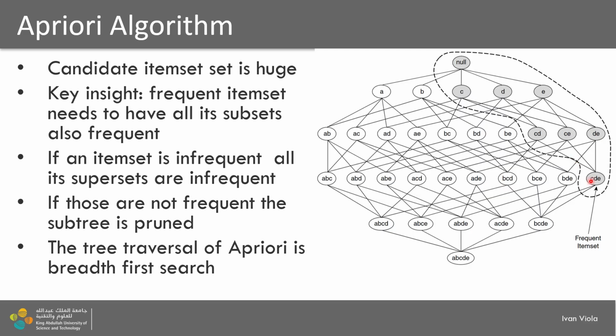It's just combinations of these three letters into tuples of 2. And then we have also the single occurrences. One item sets need to be also frequent if the CDE item set should be frequent. So this is a key observation which allows us to prune this search tree.